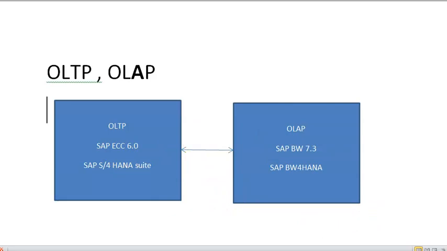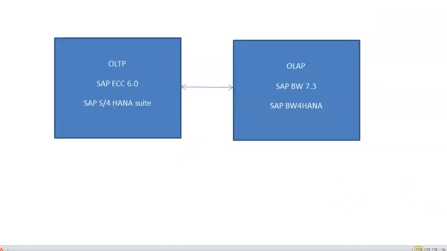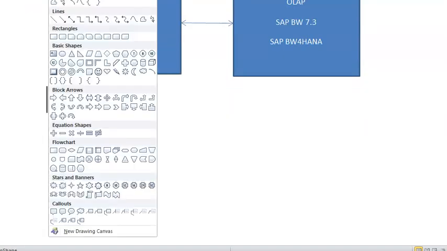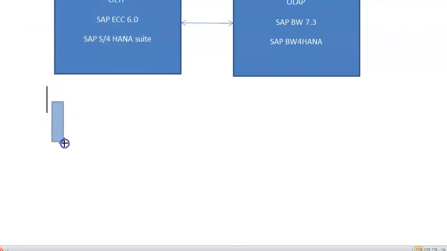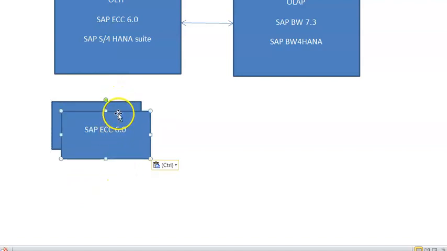Basically, if you talk about HANA, let's assume a scenario wherein an organization, for example, let's say BMW, has a SAP ECC software which is working on an Oracle database.